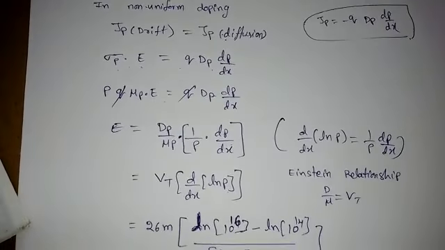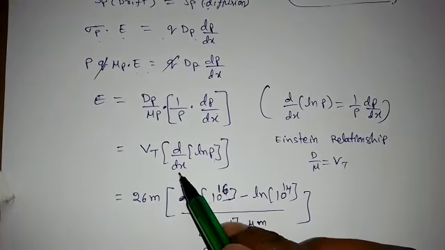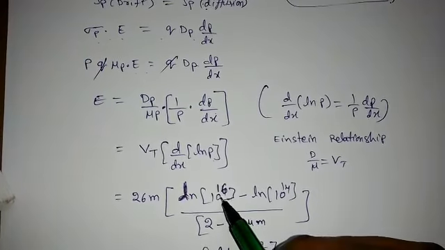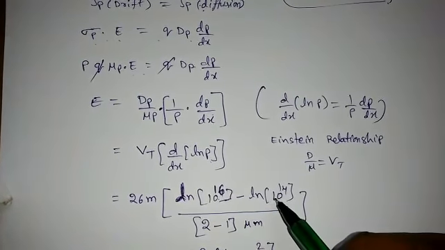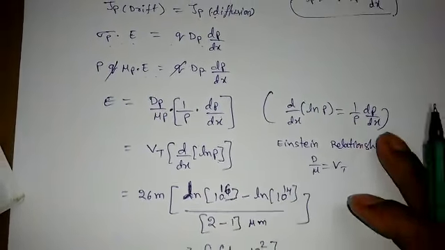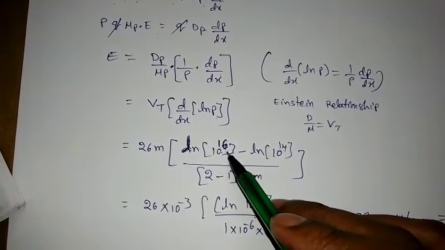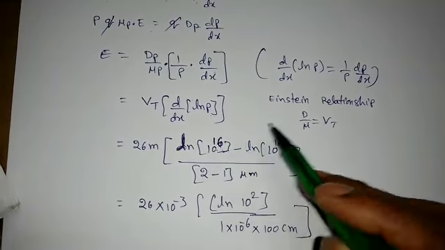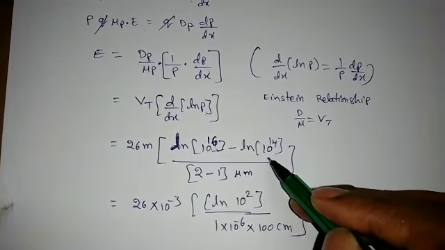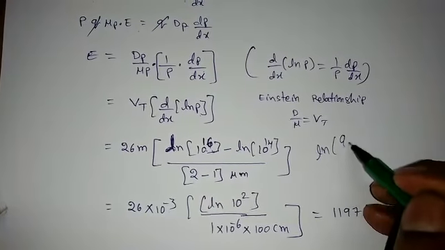So what do I have to replace? At 2 micrometer it is 10 to the power 16, at 1 micrometer it is 10 to the power 14. So I can substitute here. ln A minus ln B will become ln of A by B.